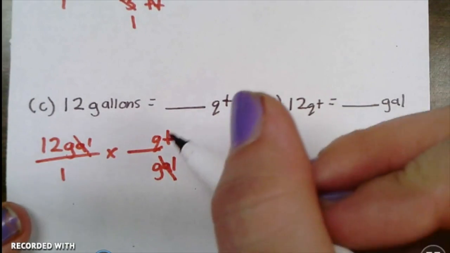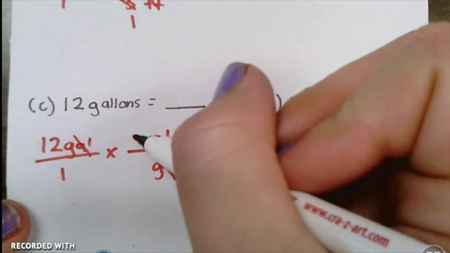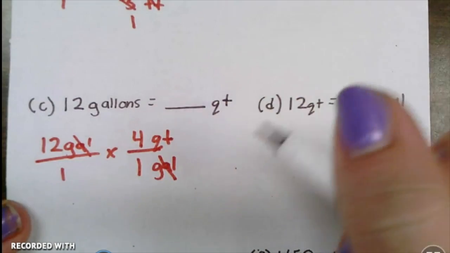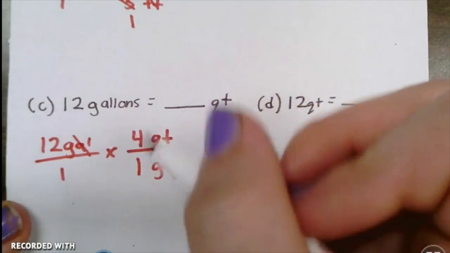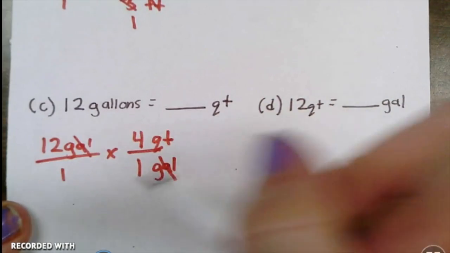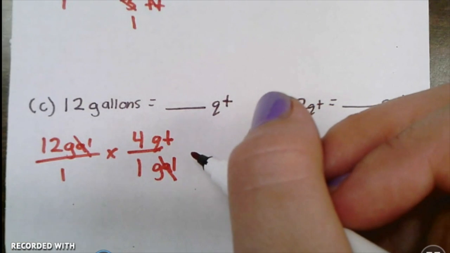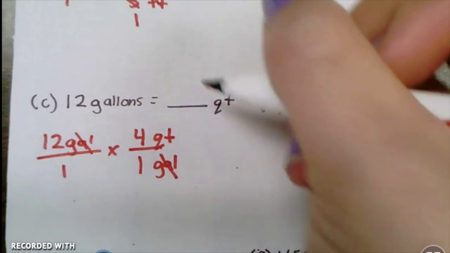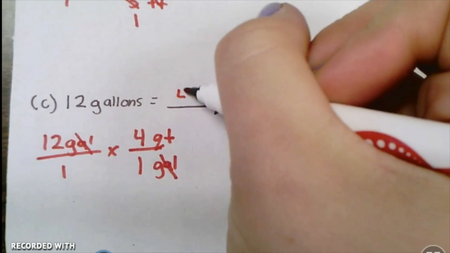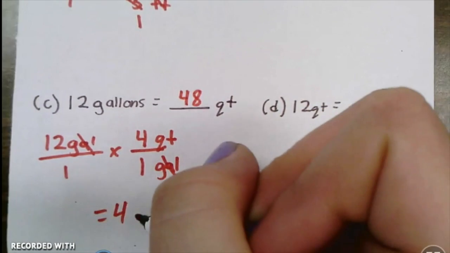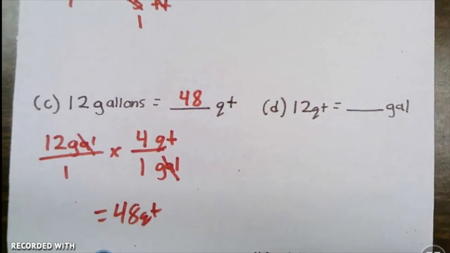What's the relationship between quarts and gallons? There's 4 quarts in 1 gallon. Now I look to see if anything will simplify. It won't. So then I do 12 times 4, which is 48. So my answer is 48 quarts.